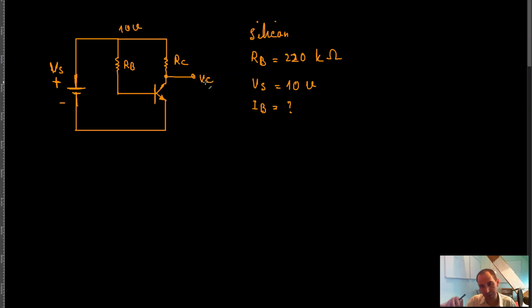In some circuits you want to control some other circuit, so this voltage is a voltage that changes with the current over here.